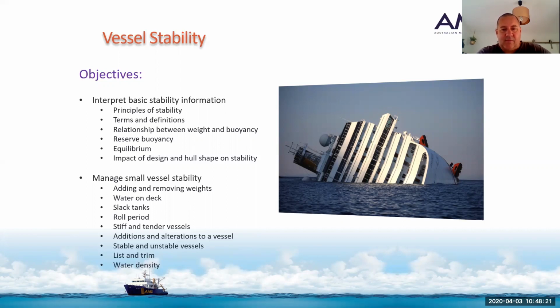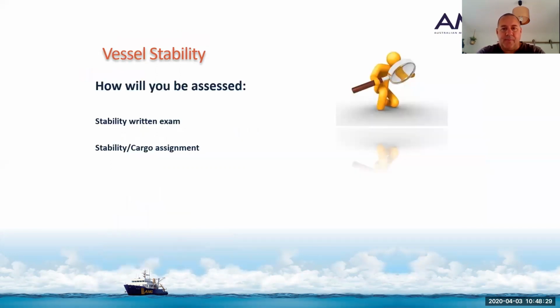A lot of these things that we talk about, you'll look at it and go, oh yeah, that's how my boat works. So it's kind of the theory behind it all. We've got two assessments in the 35 Stability. One's a stability written exam, and the other one is a cargo assignment. And the cargo assignment takes into both stability and also obviously cargo and loading that ship.